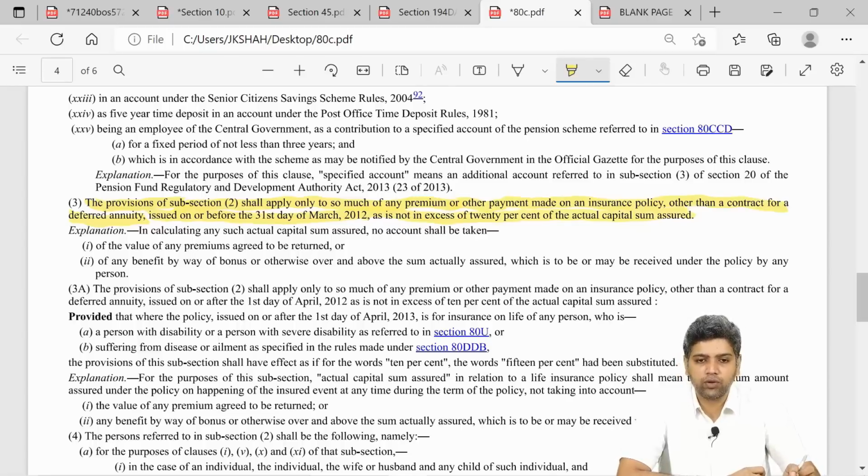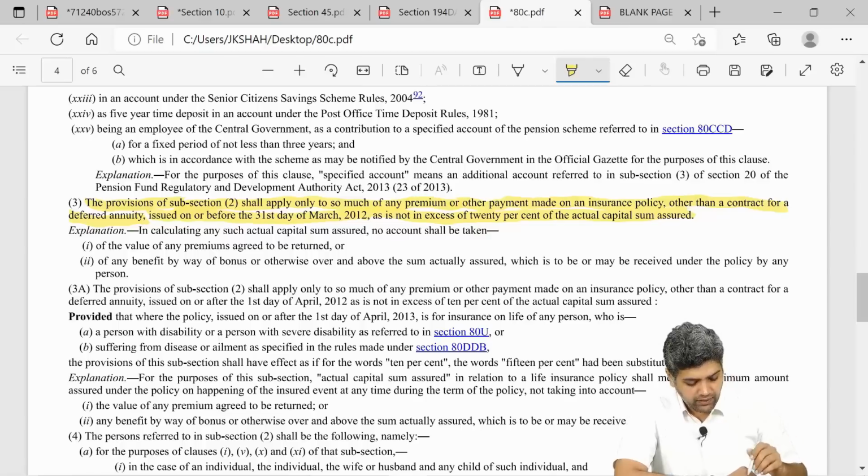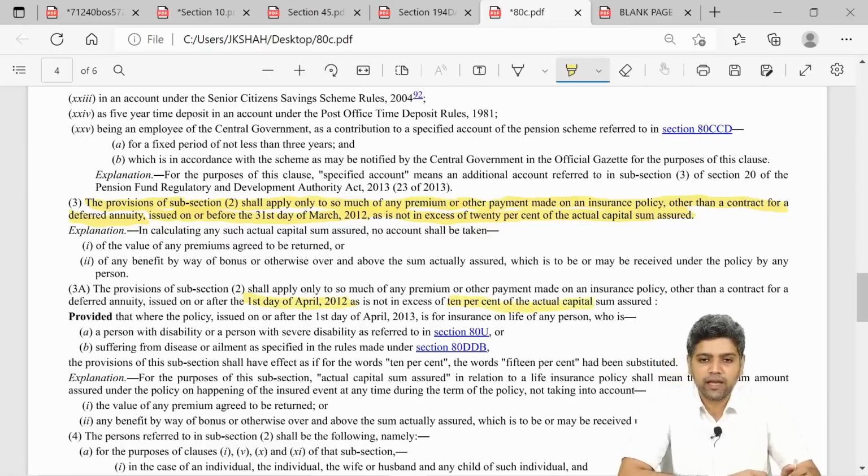I told you prior to 2012 this percentage was 20, and then they say that with effect from 1st April 2012 this will be 10% of actual capital sum assured. So in short, if you have taken an insurance policy and the premium exceeds 10% of capital sum assured, then you will restrict the deduction under 80C to 10% of capital sum assured.